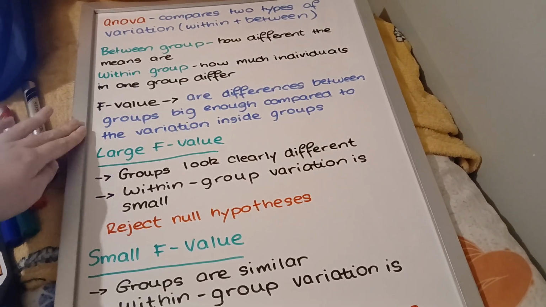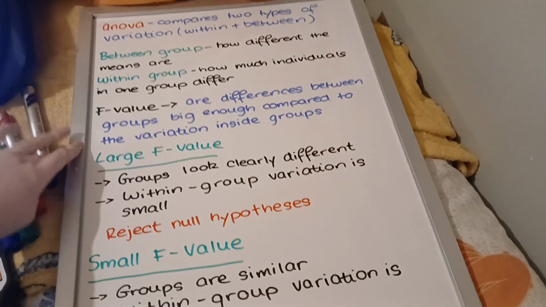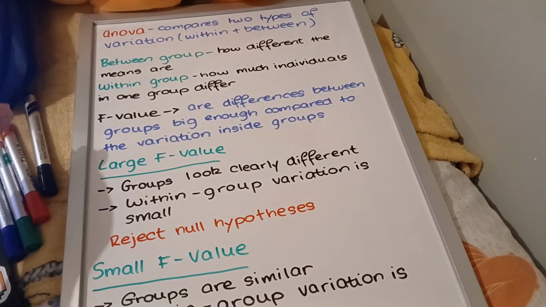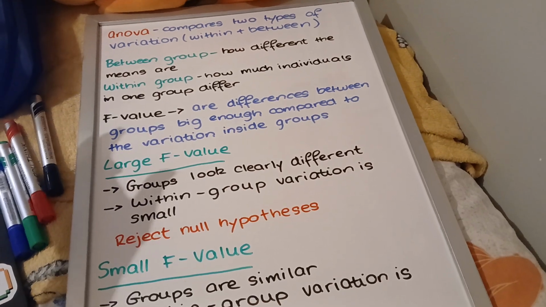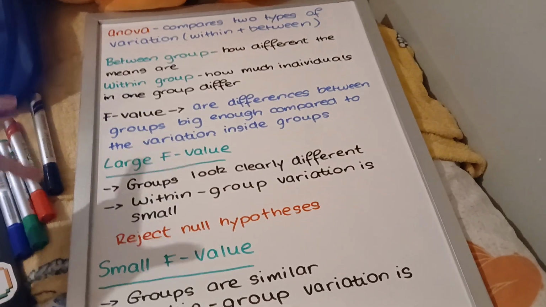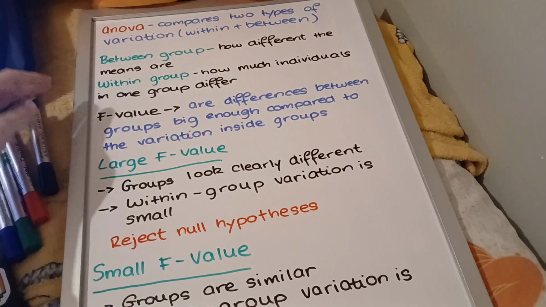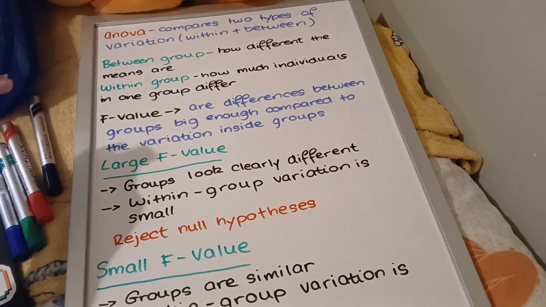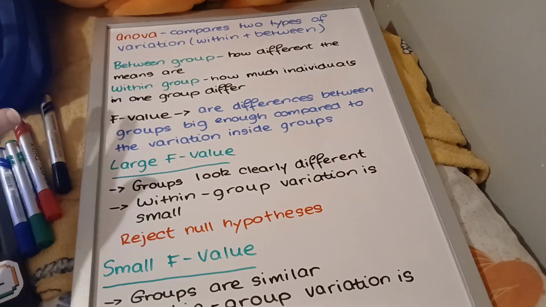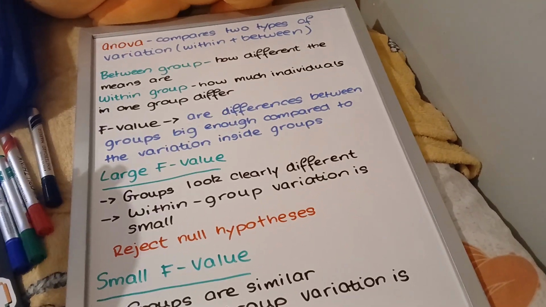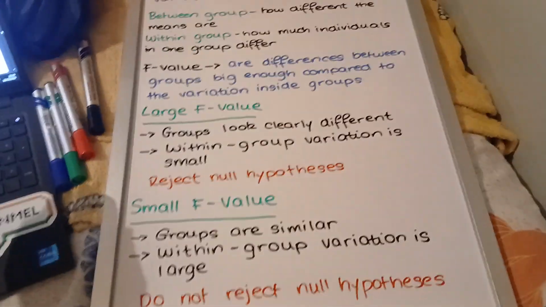So is there a statistically significant difference between two groups, or can it just be put down to within group variation? It's comparing within groups and between groups, and then seeing if the differences between multiple groups are different enough to say that it's statistically significant.